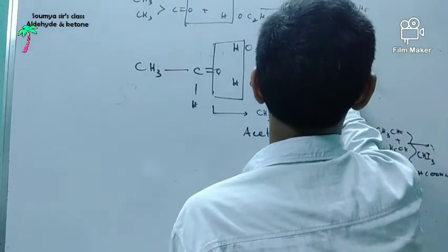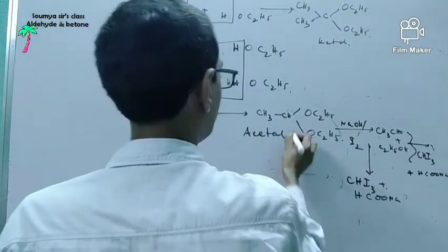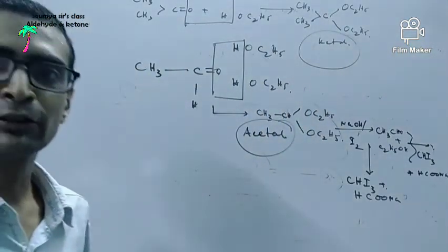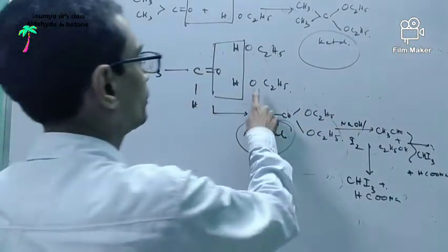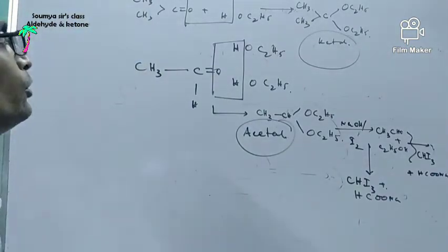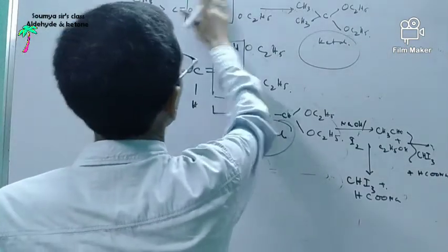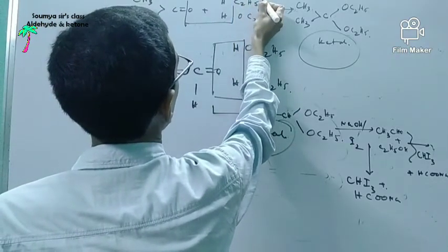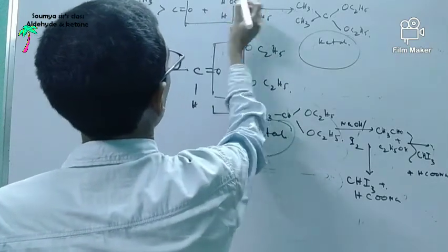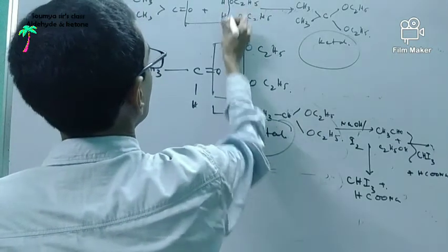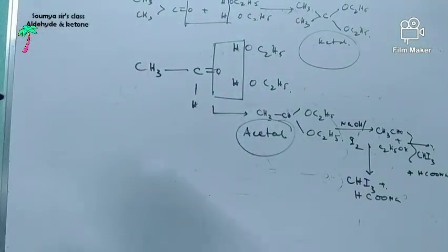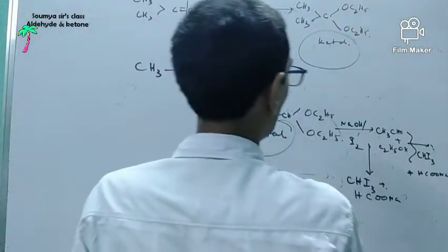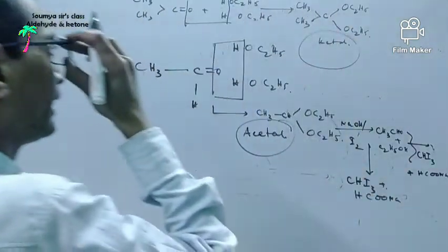This is called ketal. So one is acetal and the other is ketal. The water part will come out from the ethyl alcohol to form the ketal part. Remember this very clearly: for ketone it is ketal, for aldehyde it is acetal.